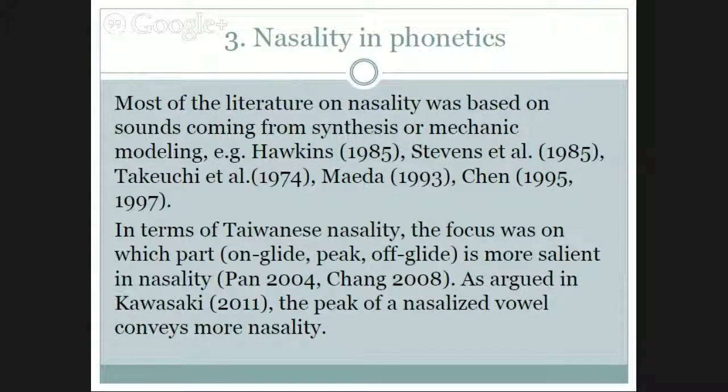Most of the literature on nasality concerns sound synthesis, mechanical modeling or coupling, based on artificial rather than natural languages, like Hawkins and others. On Taiwanese nasality, the focus was on which part is more salient in nasality, as in the study by Pan and Chang. As argued in Kawasaki 2011, the peak of a nasalized vowel conveys more nasality. That's the whole literature we can get.